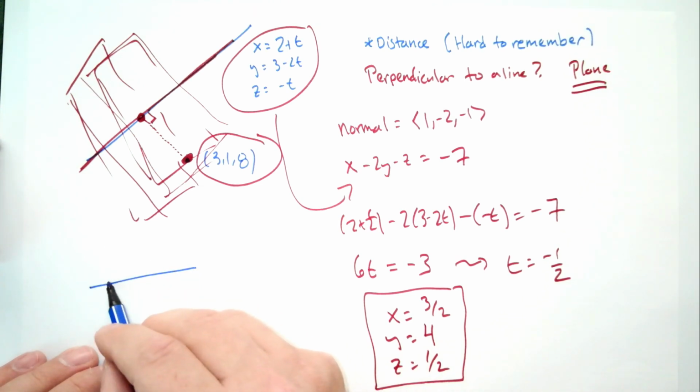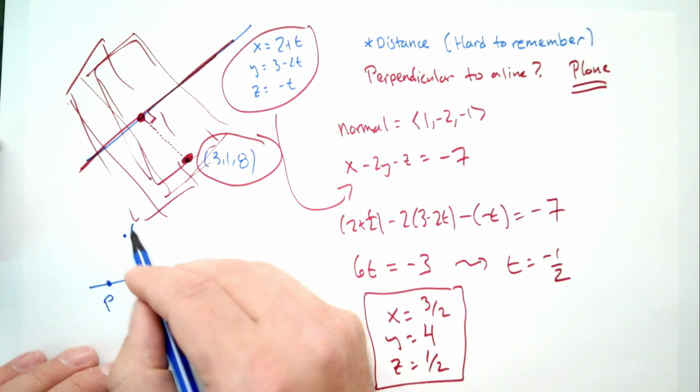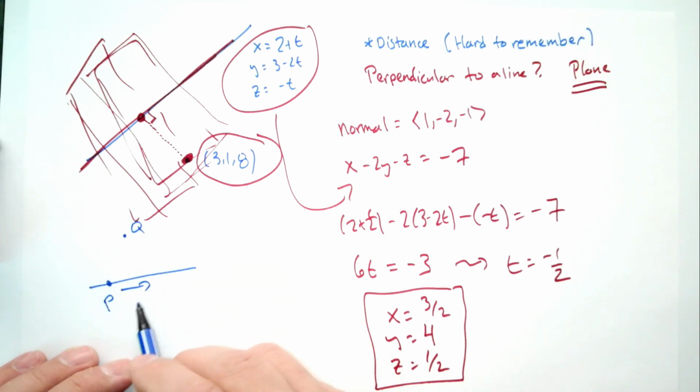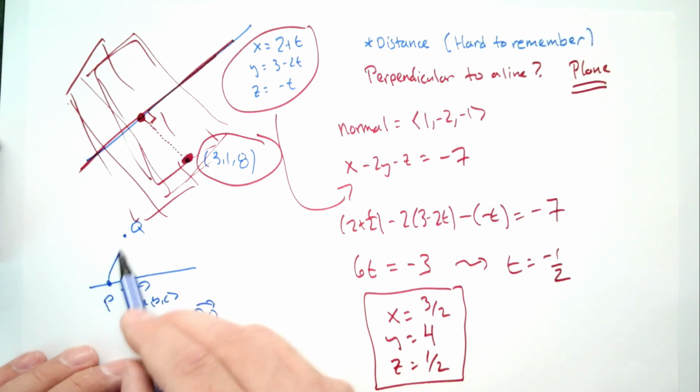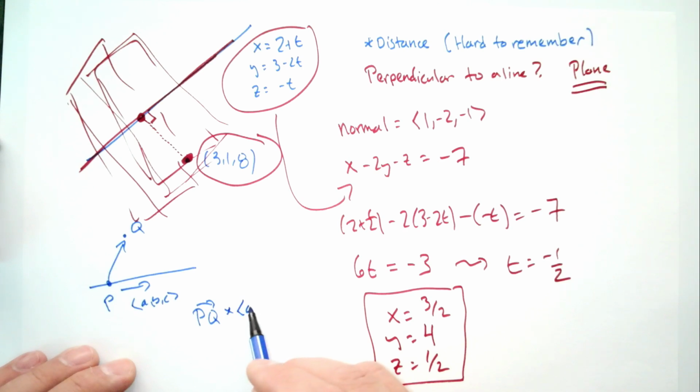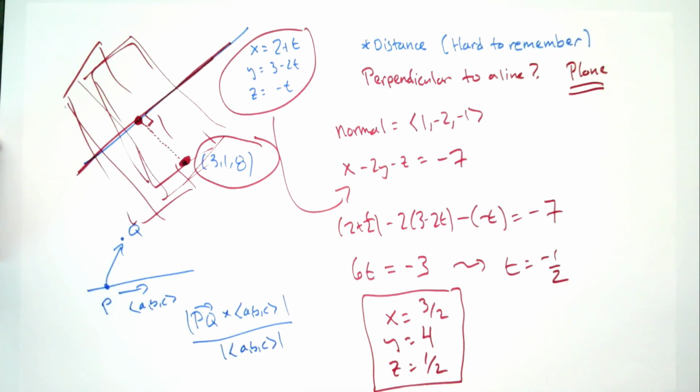So if you have a line with a point P, and then here's a point Q, and here's the direction vector of the line ABC, I believe it's, you take PQ, that vector from the point P to Q, you cross it with ABC, take that magnitude, and divide by the magnitude of ABC. That's the formula that I'm not asking you to memorize. But should you be like, I like memorizing stuff? Okay, cool, good for you.